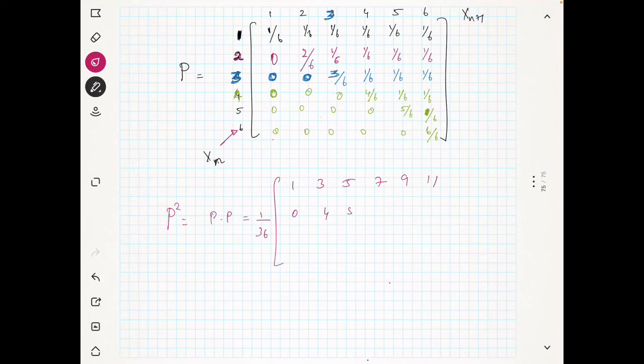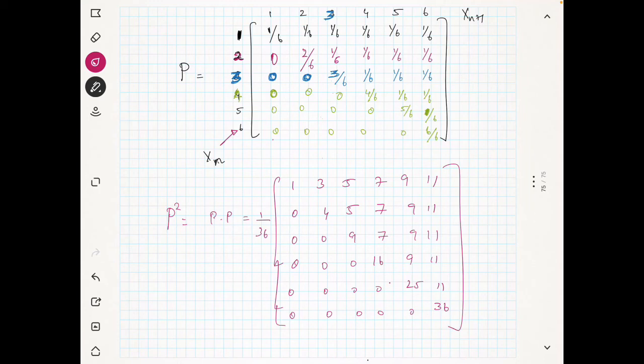Then 0, 4, 5, 7, 9, 11, then 0, 0, 9, 7, 9, 11, 0, 0, 0, 16, 9, 11, then 0, 0, 0, 0, 25, 11, then 0, 0, 0, 0, 0, 36. This is the p square.